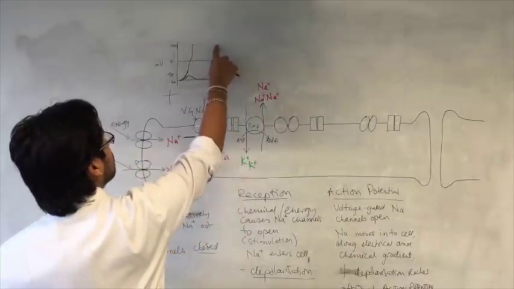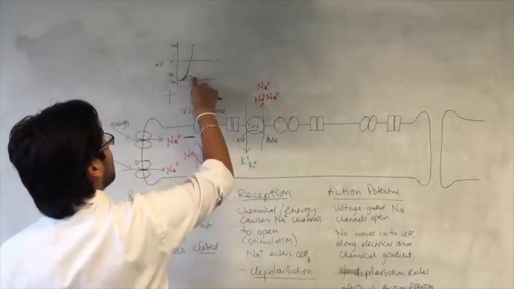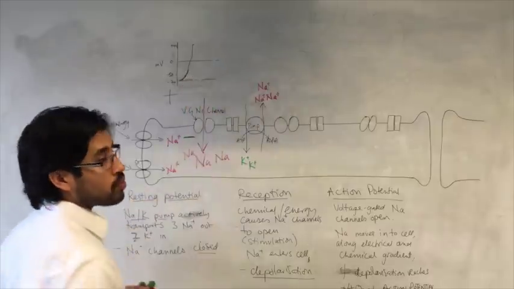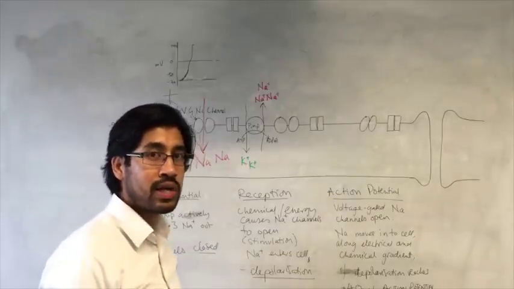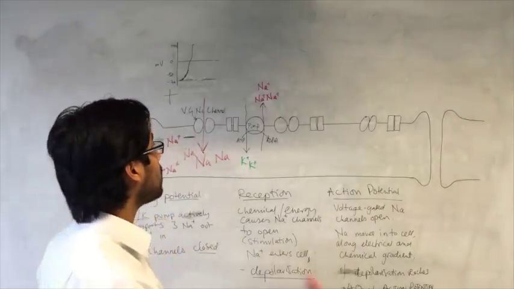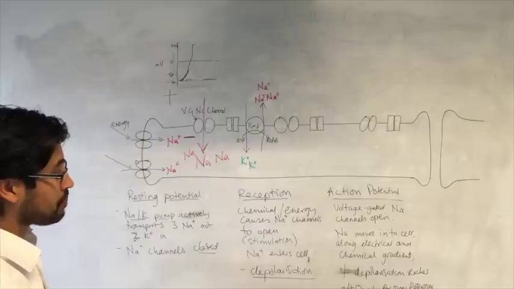And that minus 50 is known as the threshold potential. If you don't reach that threshold, it won't develop into an action potential. If you do, it will develop into a full action potential.